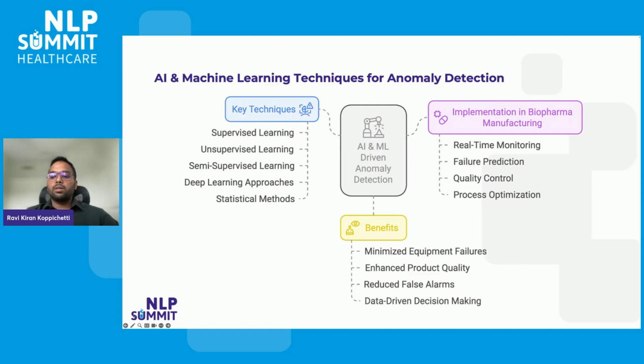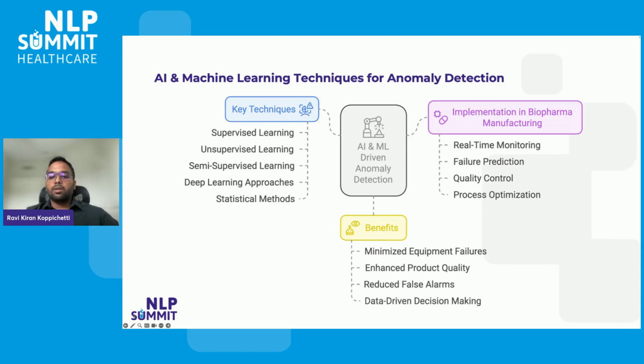It minimizes equipment failures, which consequently reduces unexpected downtime and maintenance costs. It also improves product quality by ensuring that every batch meets the strict regulatory standards. AI systems further decrease false alarms, preventing unnecessary maintenance interventions by distinguishing between natural fluctuations and actual risks as well.